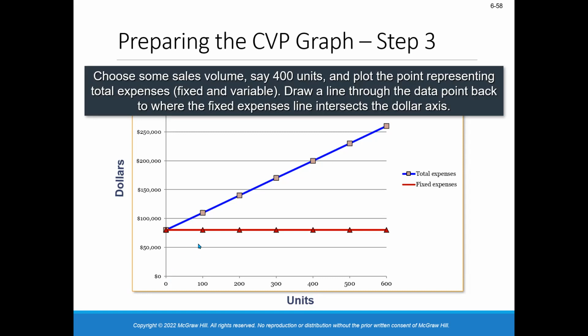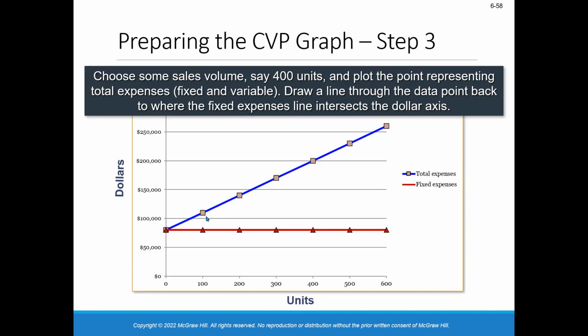But we are adding the variable cost directly above the fixed cost. So the total cost line will start from the same point as the fixed cost and then increase with your variable expense. The steepness of the total expense line depends on how quickly your variable cost per unit goes up.